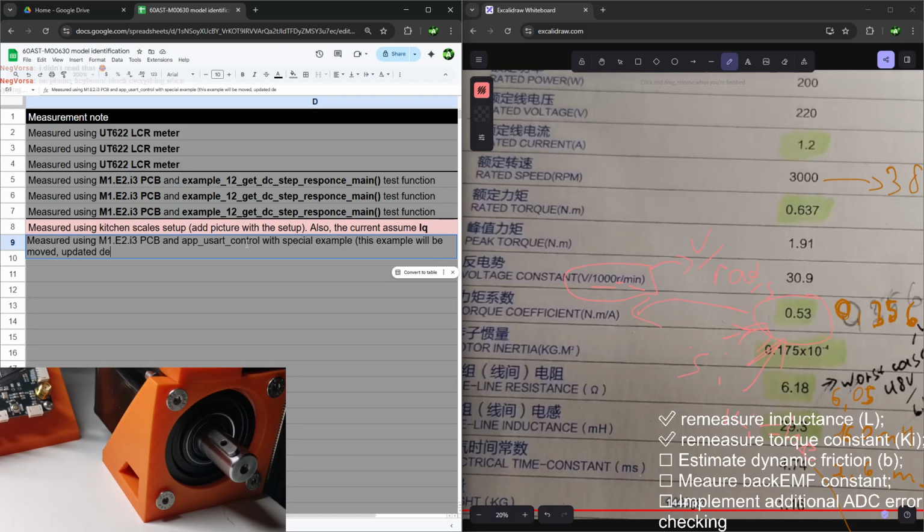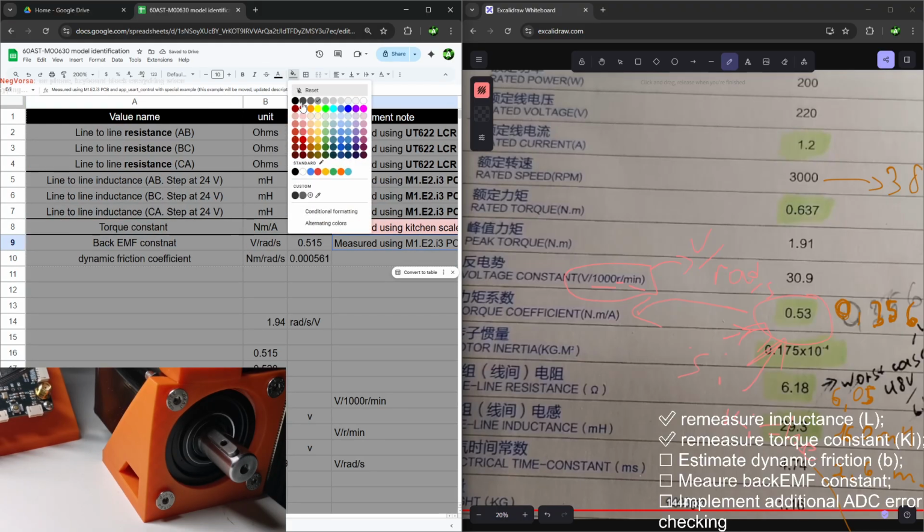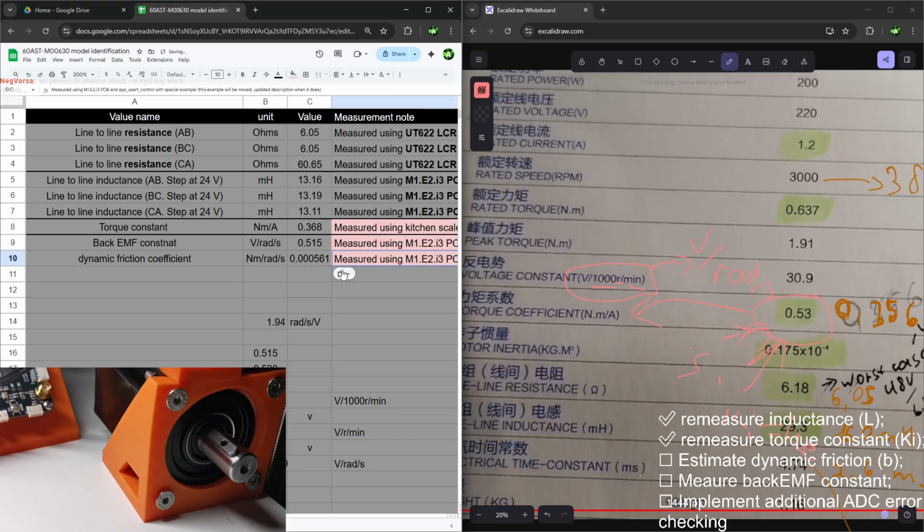Update description when it does. So let's make it red as well, and copy here because they were measured together.